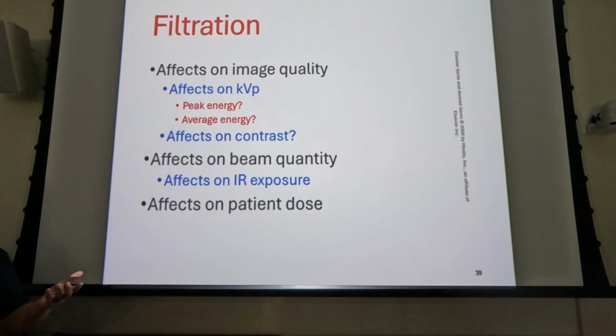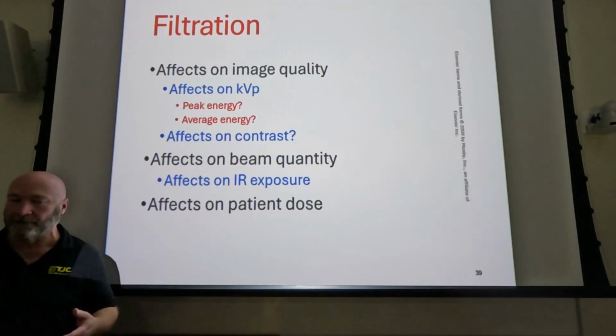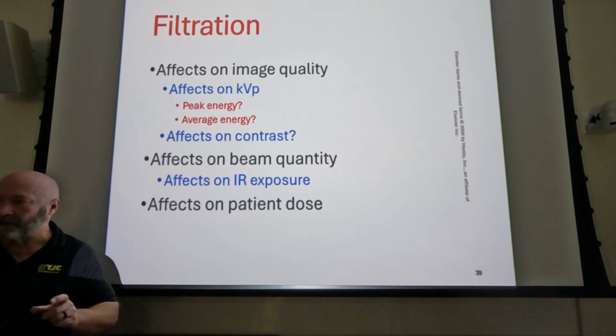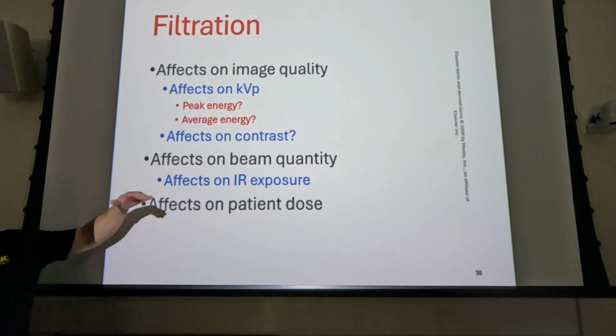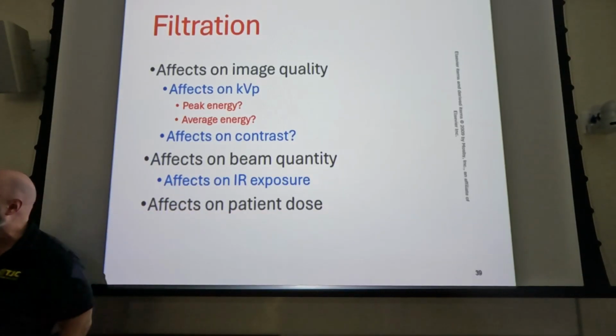This year they make the exposure again, and instead of 50, it's 40. Why is it 40 this year as opposed to 50 last year? Well, there's the tanning of the tube, right? So we've got more inherent filtration. What they're going to have to do is tweak it to bring that 10 mAs back up to a 50 milliroentgen exposure. So the effect on image receptor exposure is that it does decrease it.